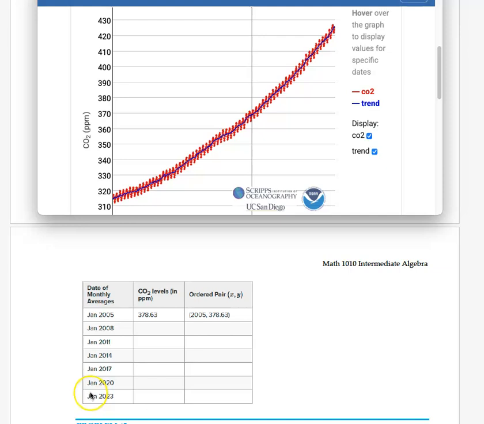So now we want to figure out the CO2 levels from the graph at all of these different times. So let's start off at January 2008. It moves pretty quick here, and sometimes it's hard to click right in on it.